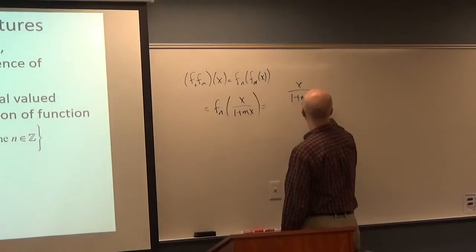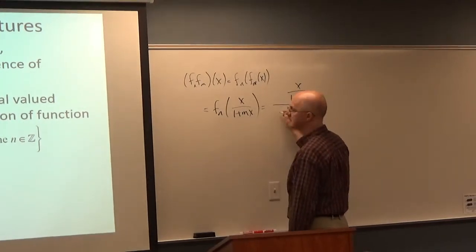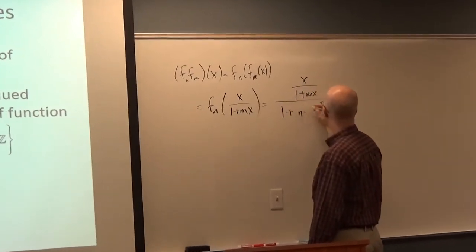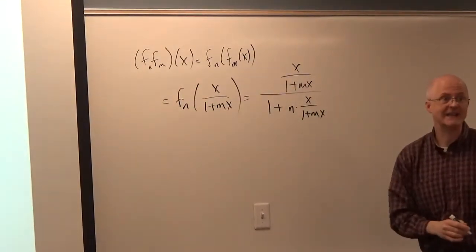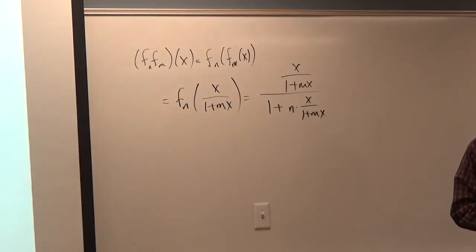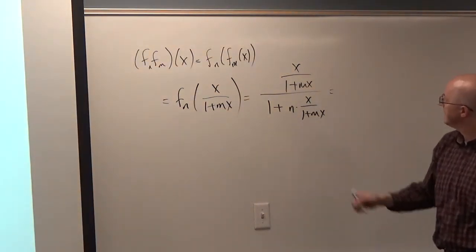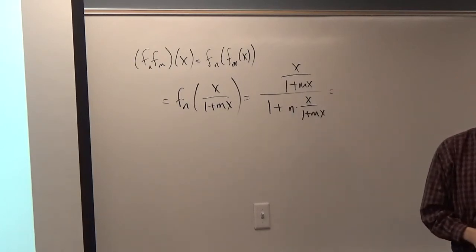You should have done things like this way back even in pre-calculus. Doesn't look like it's a function of the same form, but we should simplify it. Multiply the top and the bottom by 1 plus m times x and get cancellation.